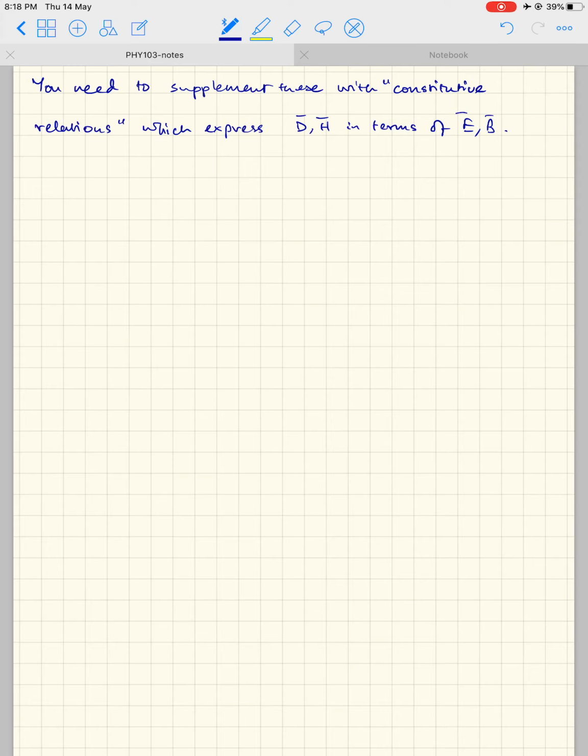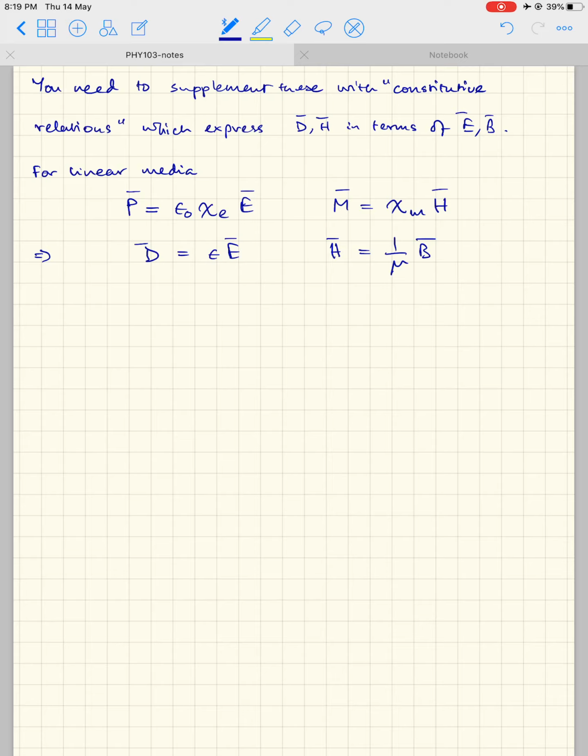So what are these when you're looking at linear media? For linear media, P is given by epsilon naught chi_E into E, and M is given by chi_M into H, which essentially means that D is equal to epsilon E and H is equal to 1 over mu B, where epsilon is defined as epsilon naught into 1 plus chi_E, and mu is defined as mu naught into 1 plus chi_M.